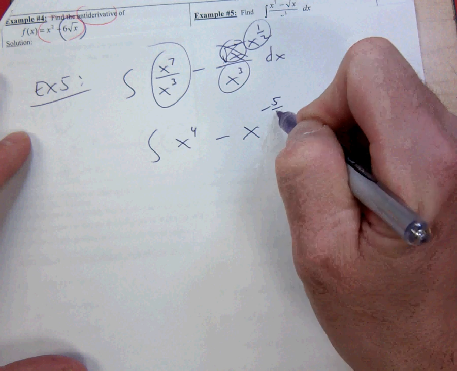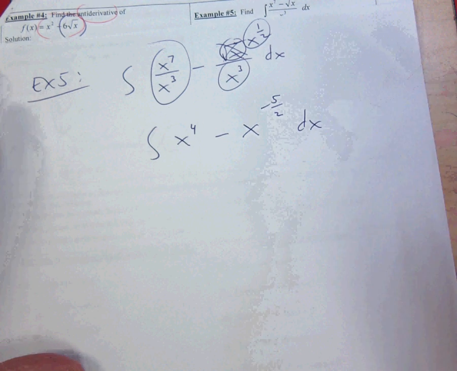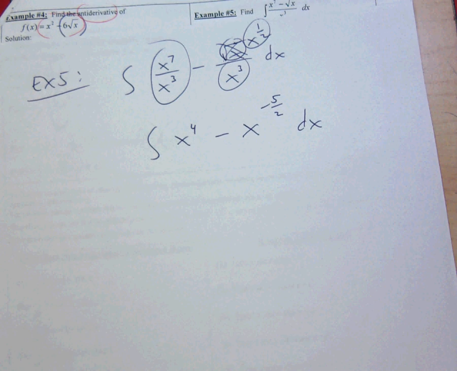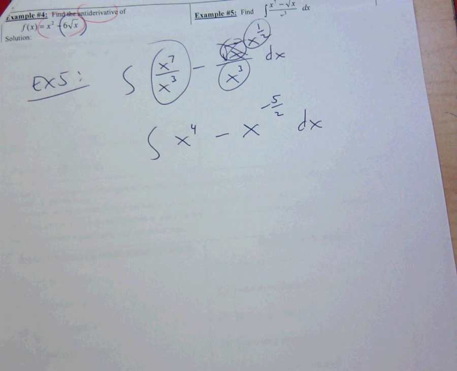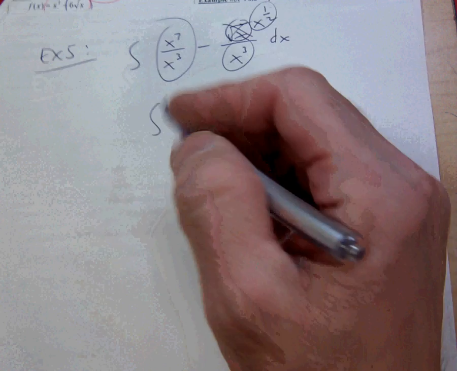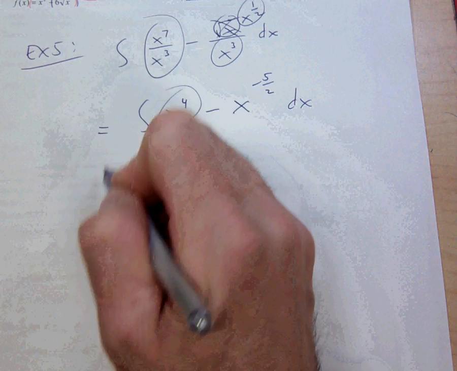Negative 5 halves. All right, so I haven't done any calculus yet. That's just algebra 1, isn't it? And so now, have I turned it into something where I can integrate very easily using the power rule for integrals? Everybody agree I can do that now? Okay, so Ryan, you can help me here. What's the antiderivative of that?